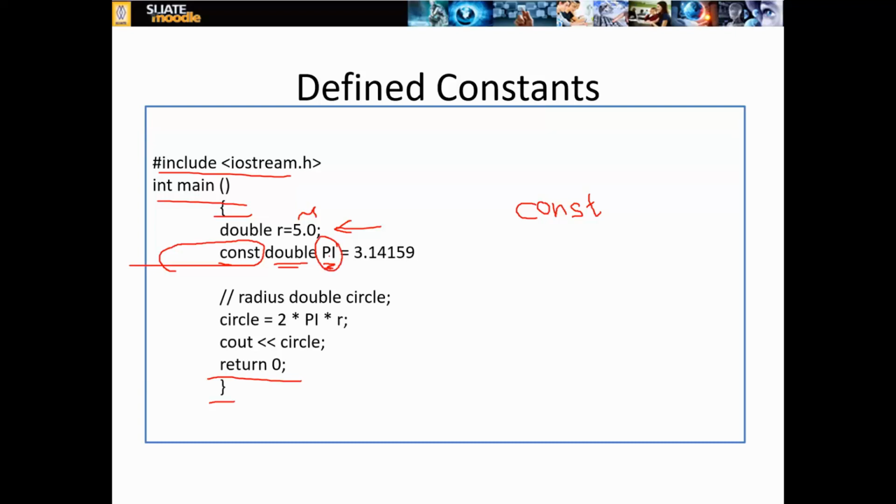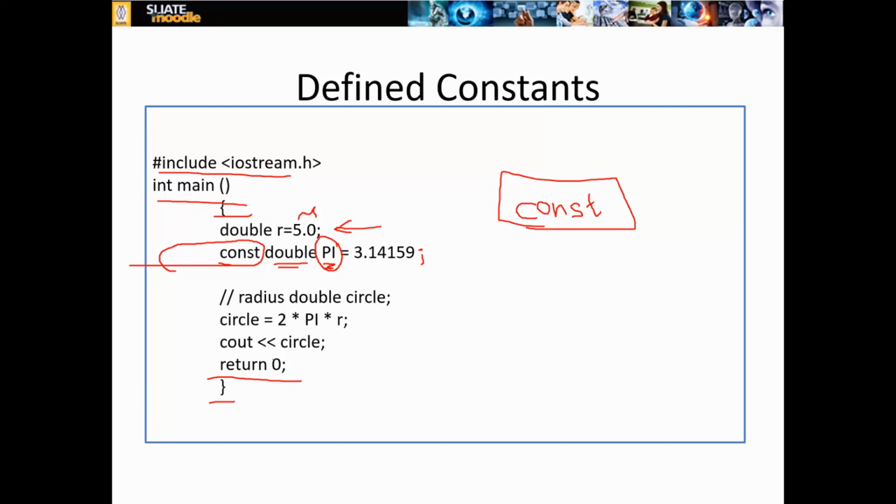When you use this pi variable, you have a fixed value assigned to it, but you cannot change that thereafter. Here we have a semicolon at the end, as usual. The only difference between a regular variable and a constant is to mention this keyword at the beginning, right?